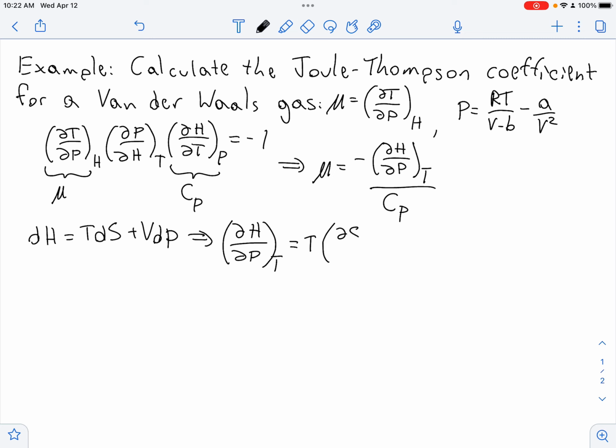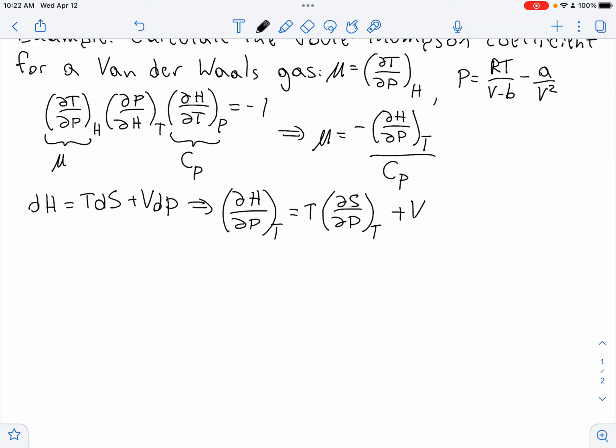T dS/dP at constant T plus V. Remember, dP over dP is 1. This is related through a Maxwell relation to dV/dT at constant P.